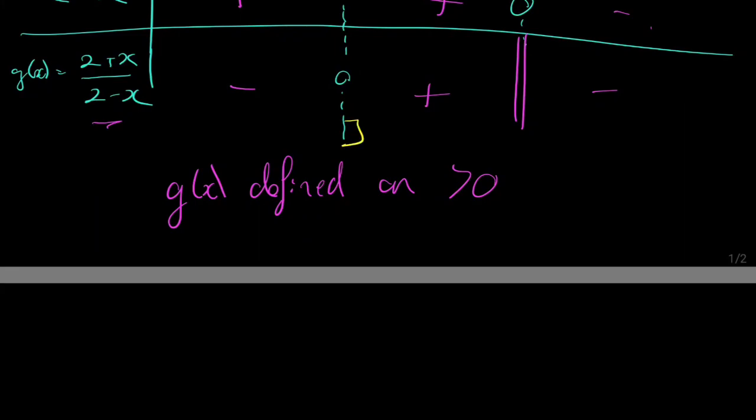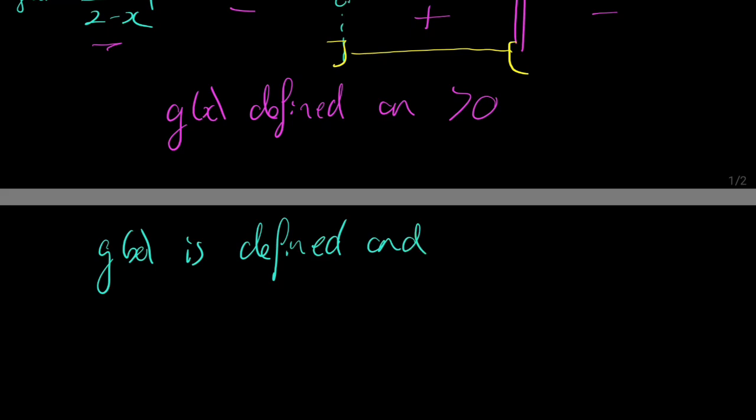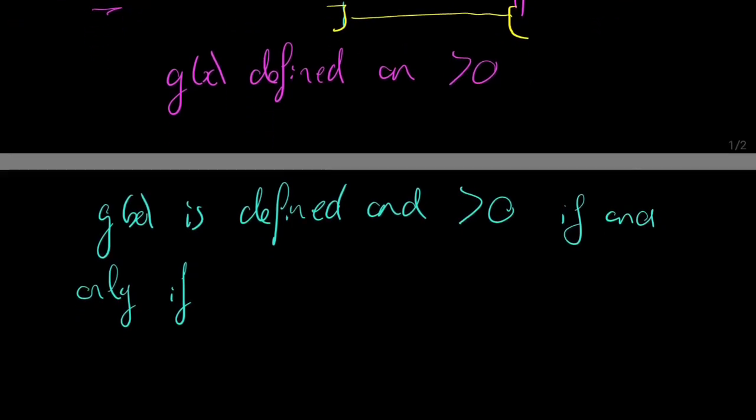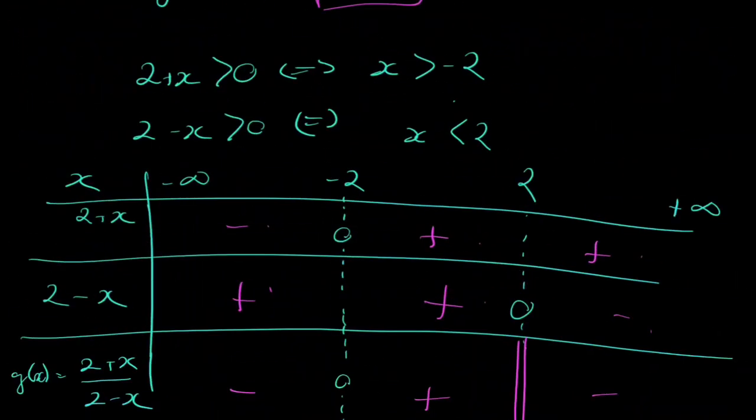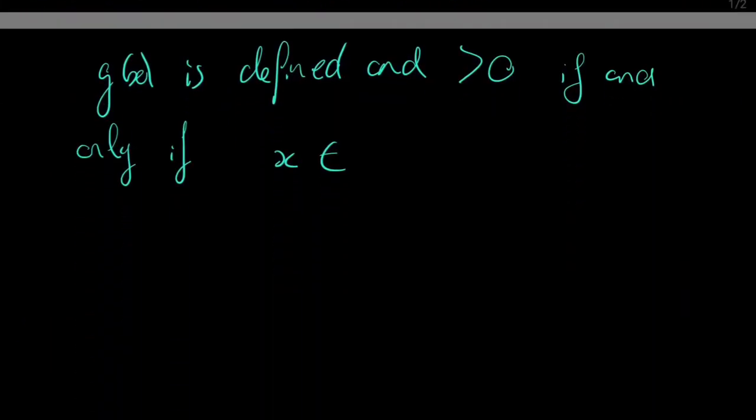This interval here. So g of x is defined and strictly greater than 0 if and only if we've got x between, so let's look at our graph, minus 2 excluded and 2 excluded.